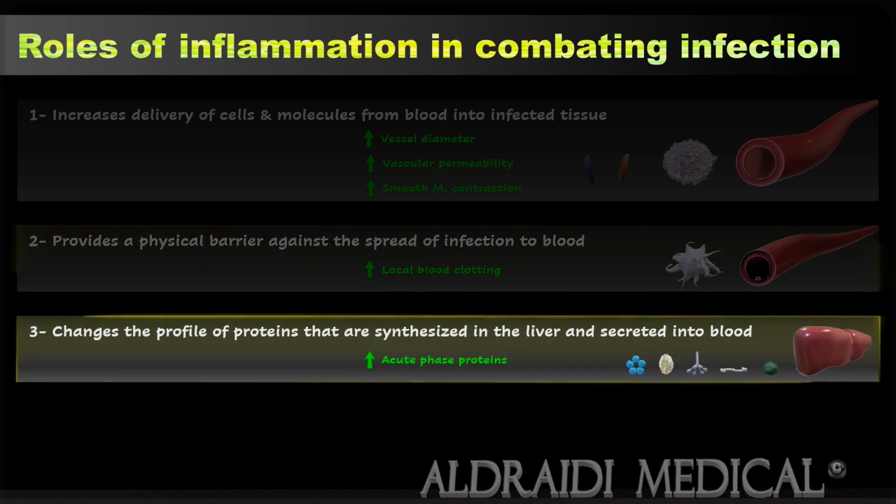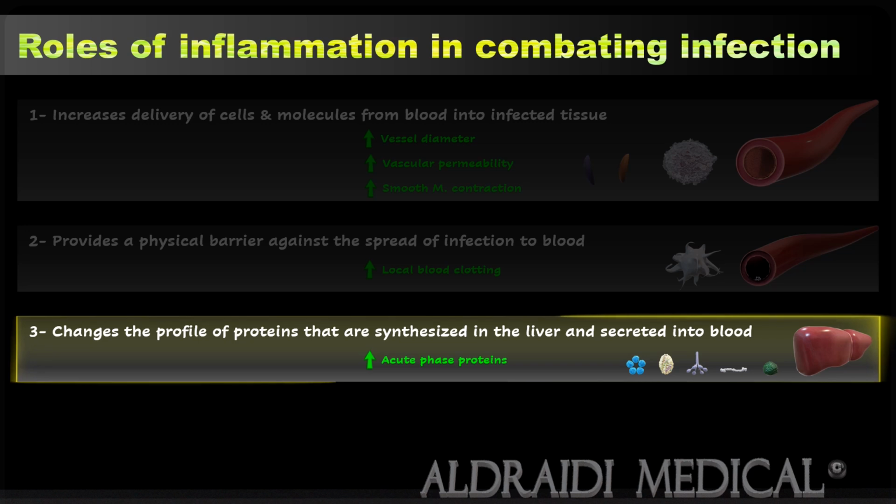The third role of inflammation is that it changes the profile of proteins that are synthesized in the liver and secreted into the blood. An example of such an effect is seen in the acute phase response, where acute phase protein production in the liver is increased.